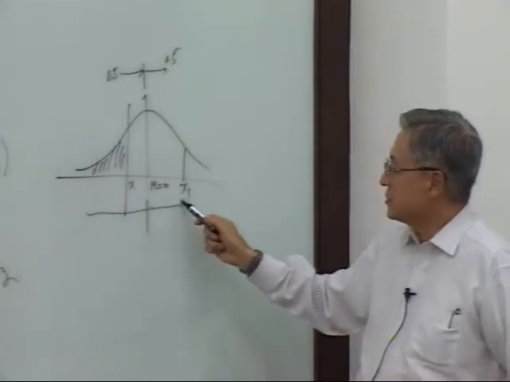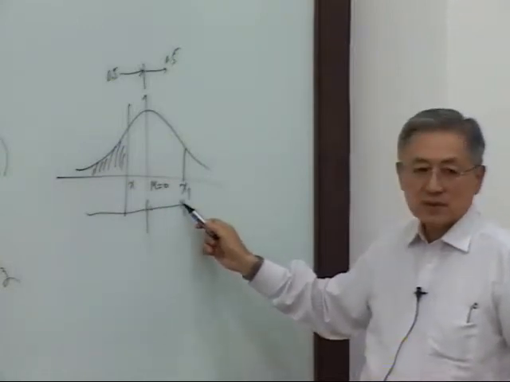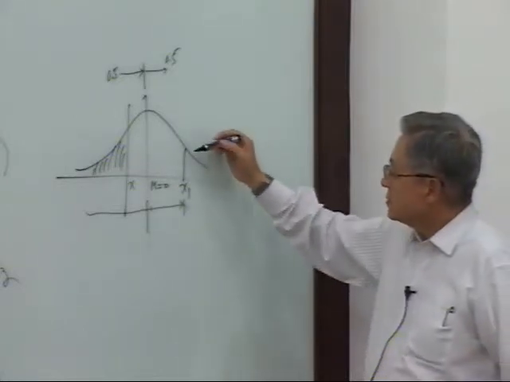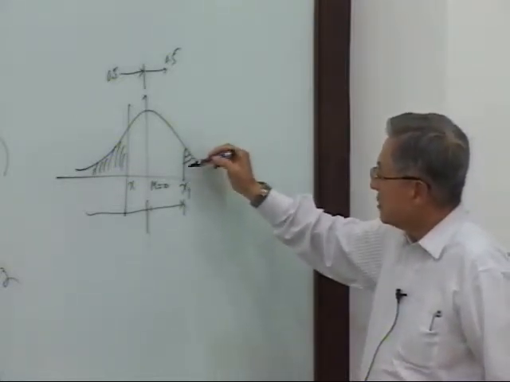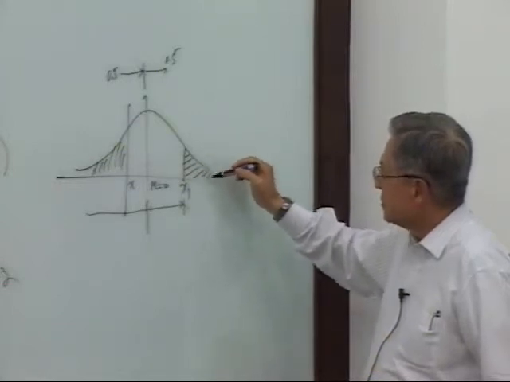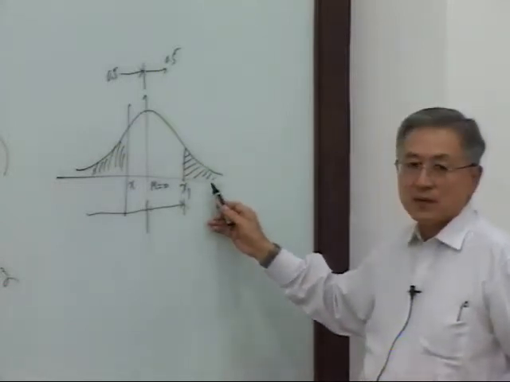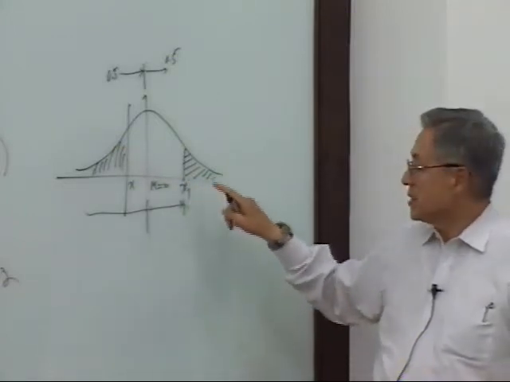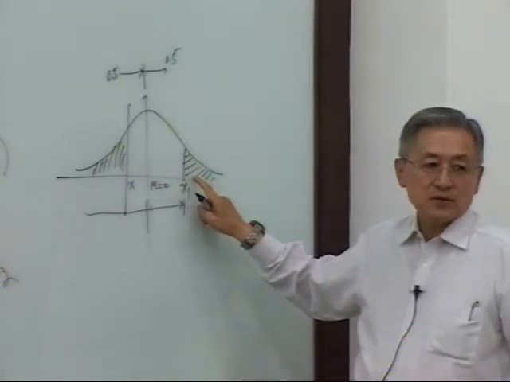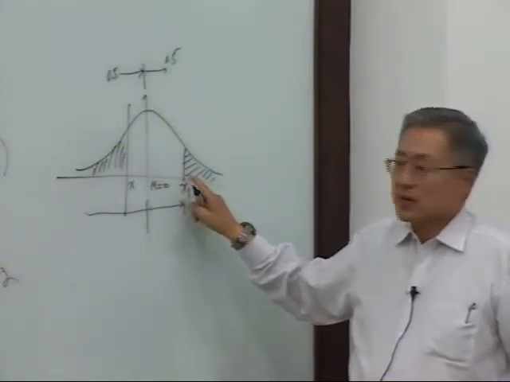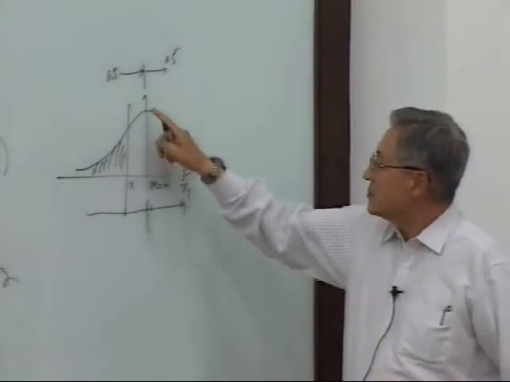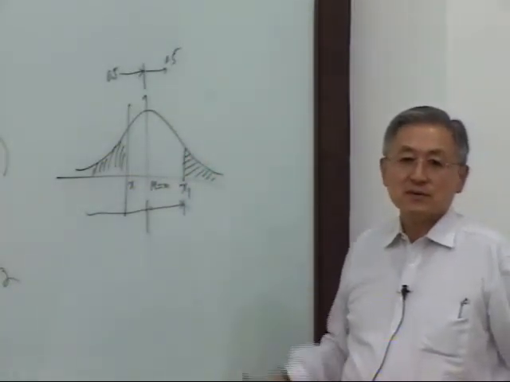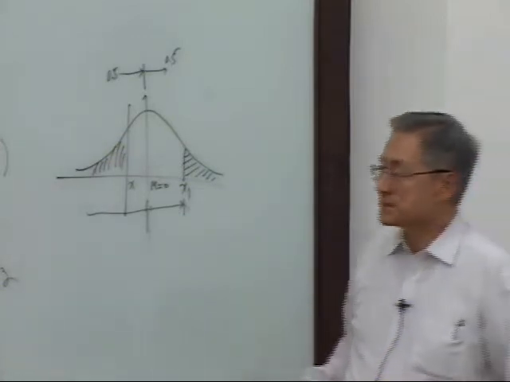All you have to consider is that remaining area, or some tables provide the area on the complement side. Then to get the area up to here, you have to subtract the value shown in the table from half. It's simple, right?